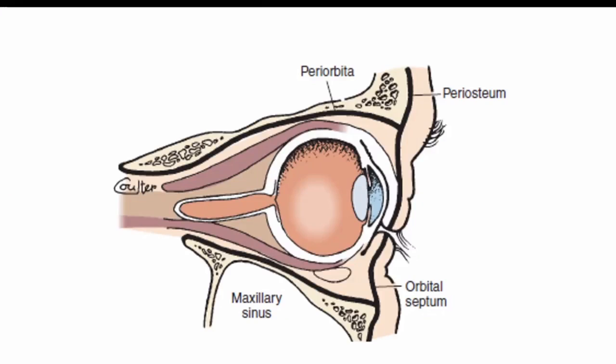It can be secondary to hematogenous spread, so the organism comes from the blood supply. It can be secondary to a wound or trauma in the skin and soft tissue. It can be secondary to an adjacent sinus infection. Okay, clear?